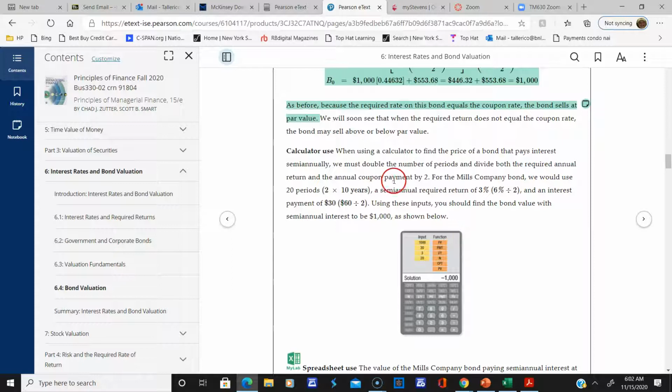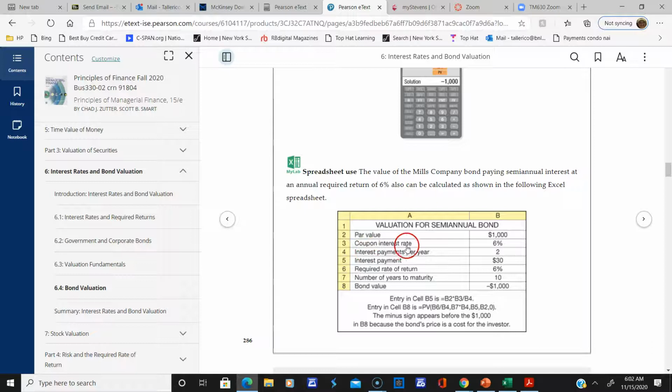And of course, you can use your calculator and do this with a calculator here. And once again, Microsoft Excel will make your life very easy. Here's the equation in Microsoft Excel, how they do it. You'll notice they divided the interest payment by 2, and they tell you exactly what they're putting in each cell.